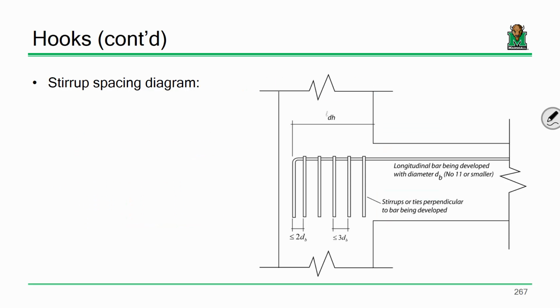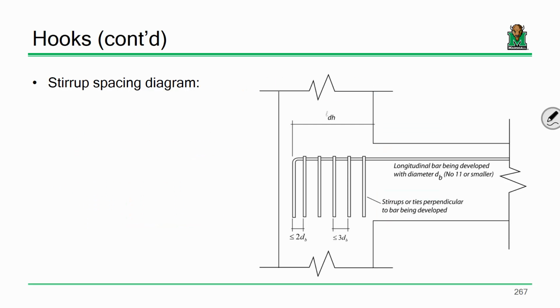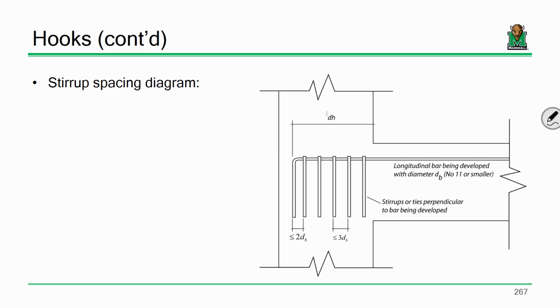Okay? This is just an image trying to explain that stirrup spacing requirement. So if your stirrup spacing is less than or equal to 3 bar diameters, and if that last one is less than 2 times the bar diameter, you can reduce it even further.